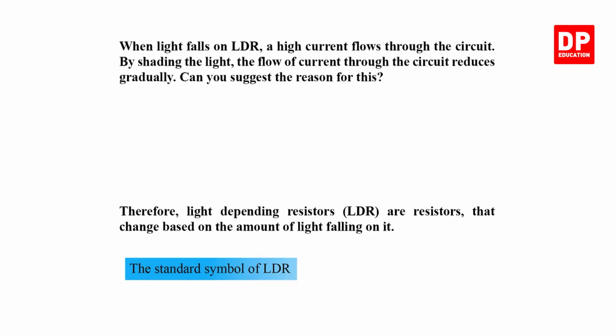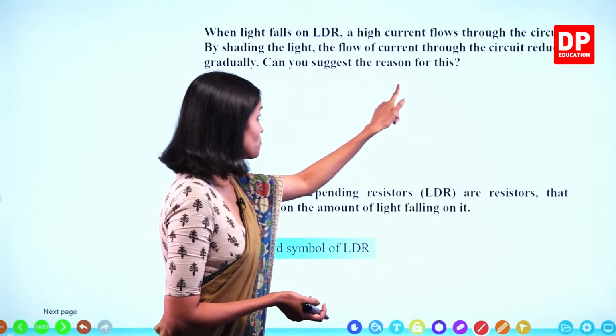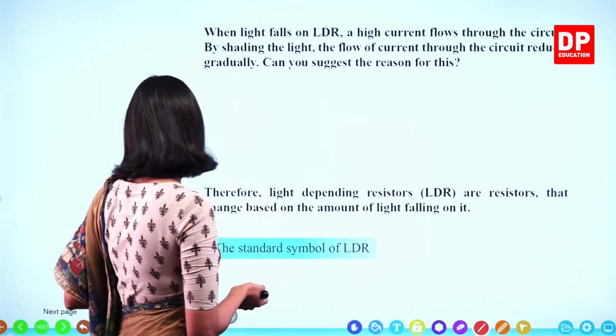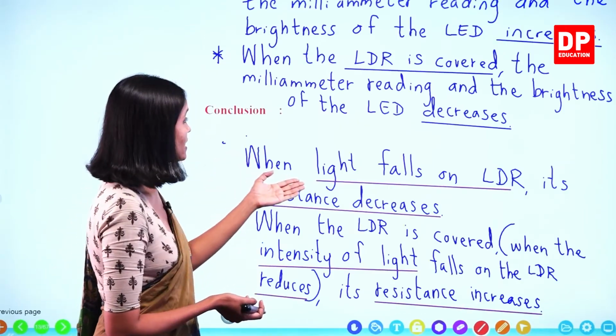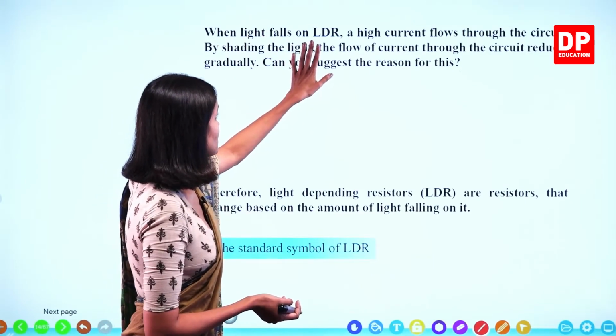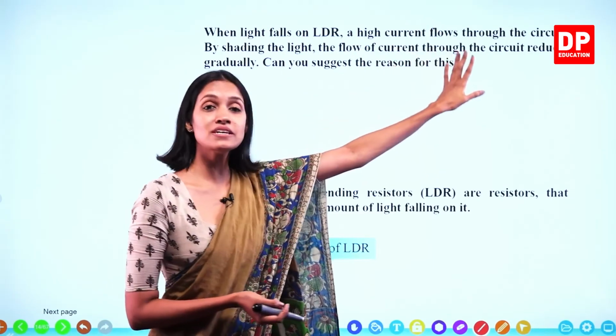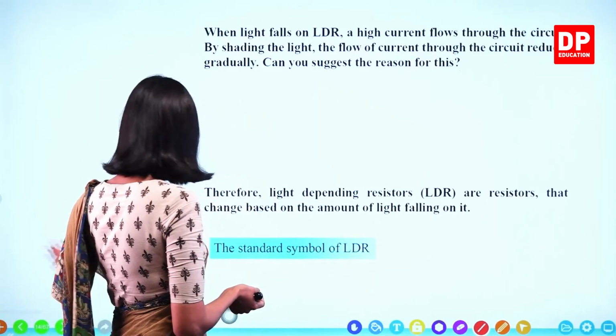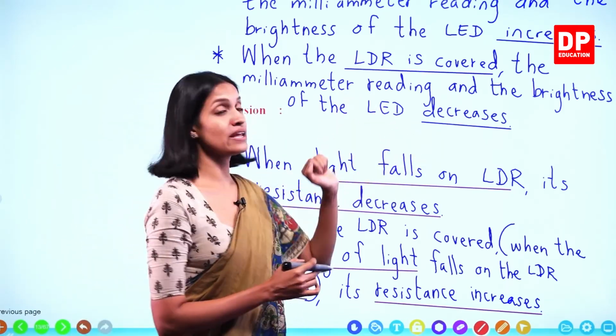When light falls on LDR, a high current flows through the circuit. By shading the light, the flow of current through the circuit reduces gradually. Can you suggest the reason for this? This is the same thing we wrote here, children. So what happens when light falls on LDR?